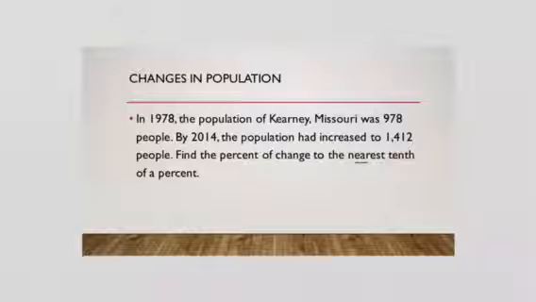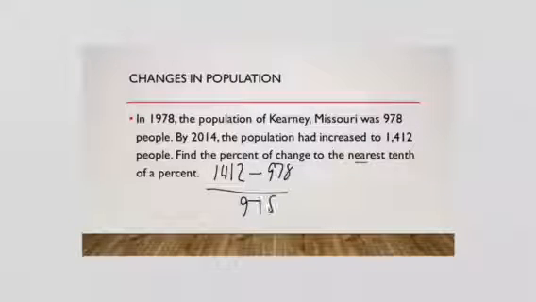In 1978, the population of Kearney, Missouri was 978 people. By 2014, the population had increased to 1412. Find the percent of change to the nearest tenth of a percent. So it's 1412, because that's the newest number, minus the old number, which was 978, divided by 978 times 100.